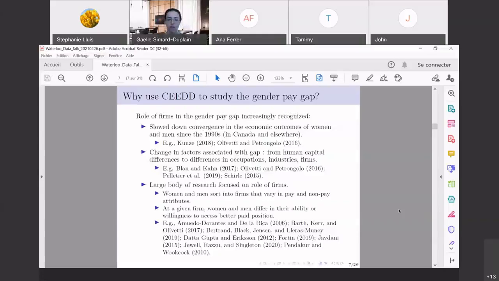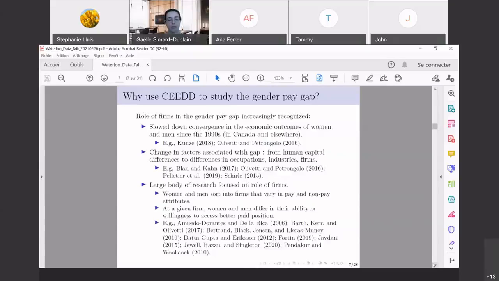And so, broadly speaking, we're going to follow the literature and call it the bargaining effect, even though there's obviously a lot of stuff that underlies this ability or willingness to access better paid positions. We're not so much going to talk about mechanisms or even whether or not it's good or bad, but generally you're going to have essentially those two strands of literature, and then research that tries to bridge that and compare the importance of the two channels.